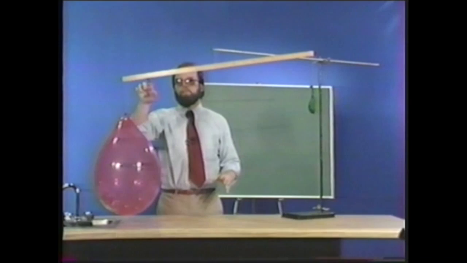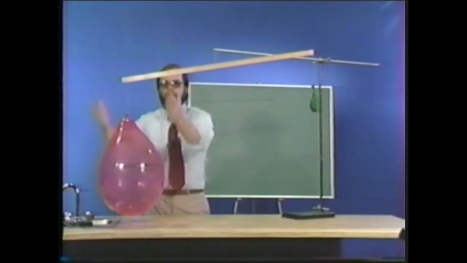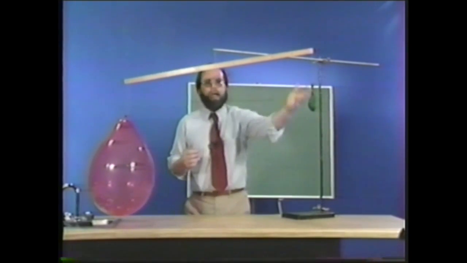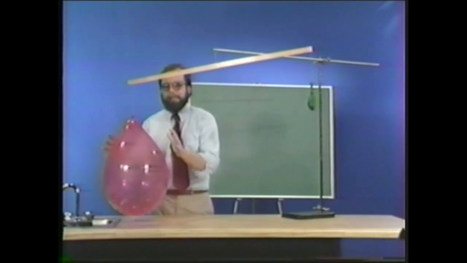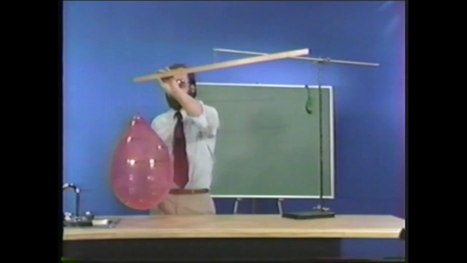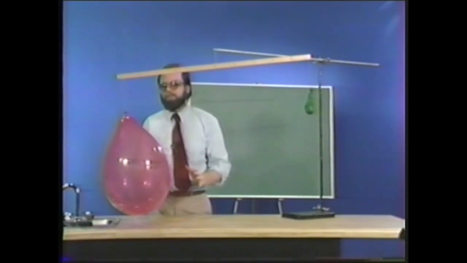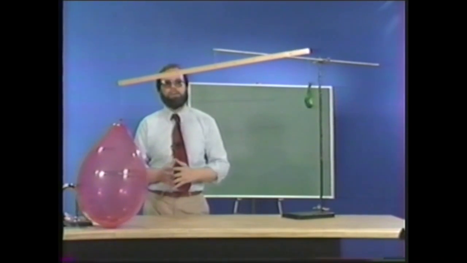Okay, let's let the yardstick settle, but as you can clearly see, this end of the yardstick has moved down, this end has moved up. This balloon contains air, this balloon does not contain air. Okay? So quite simply, you can see with this very simple balance, we're able to show that air does have weight.